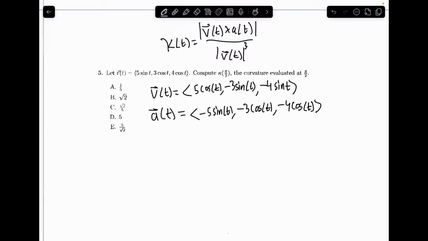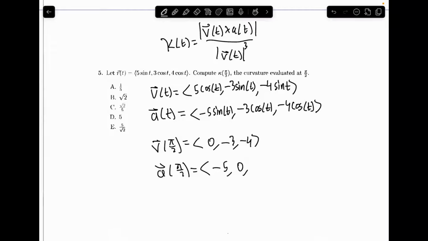Now I think it's going to help to plug in pi over 2 because we're working with smaller numbers there. So v of pi over 2: cosine of pi over 2 is 0, so we can drop all the terms where we see a cosine, and sine of pi over 2 is 1. So we replace sine of t with 1 and cosine of t with 0. We get 0, -3, -4, and then a at pi over 2 is going to be -5, 0, 0.